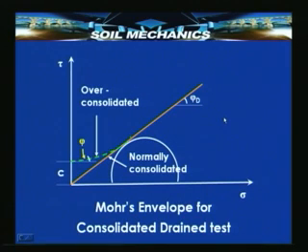Now, here it is very important to remember that in nature soil undergoes consolidation over ages and millions of years. There is always a possibility that the soil which we test has already undergone some pre-consolidation.